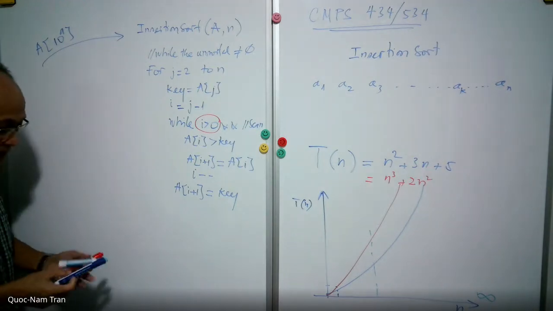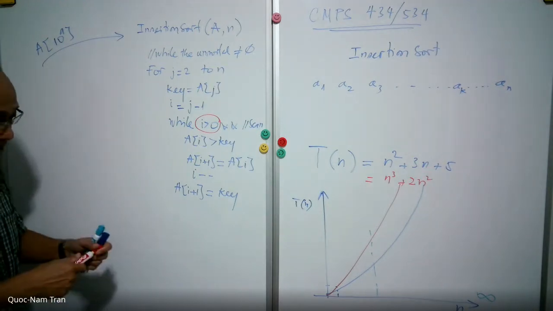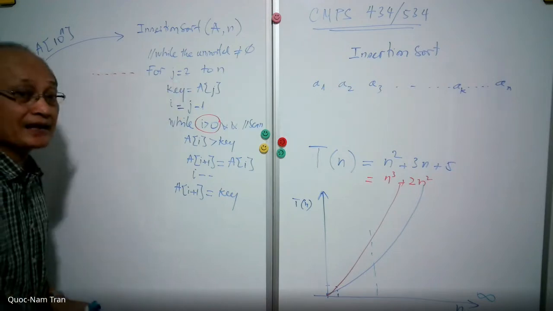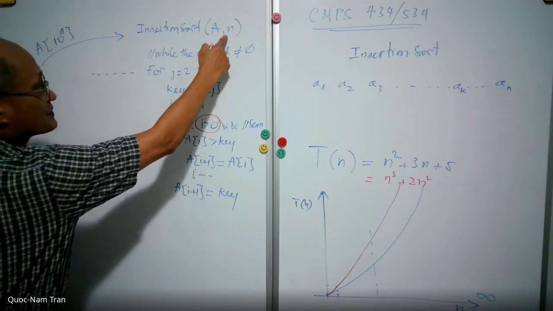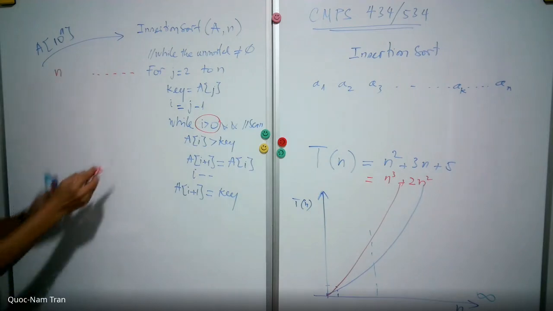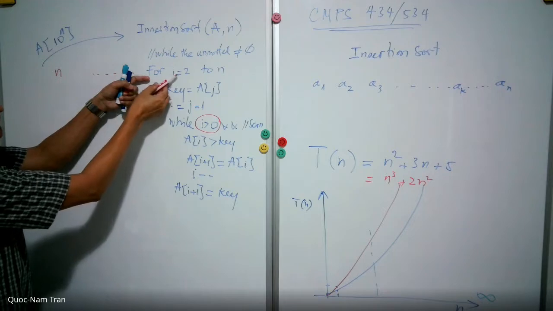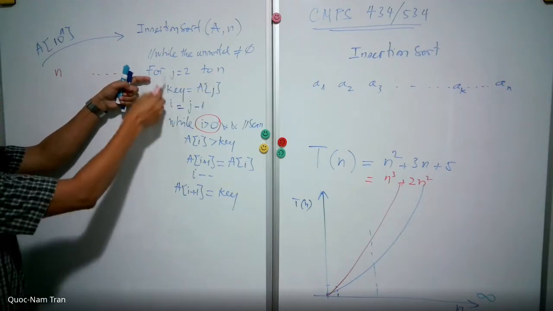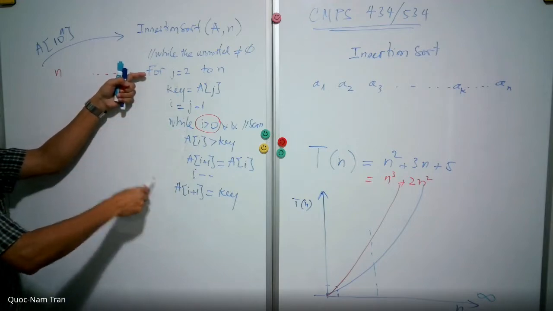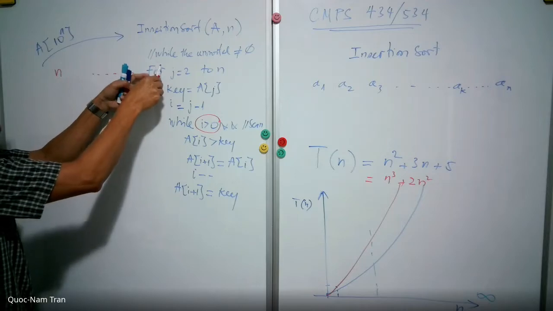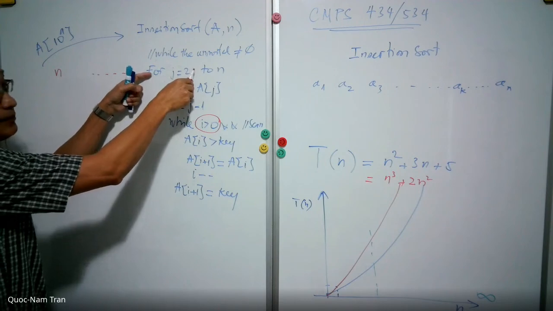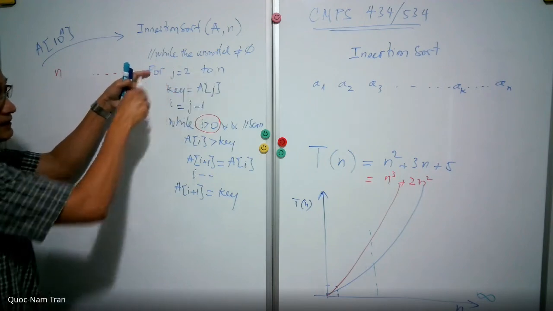Last time we already covered this for statement: for an input of size n, this for statement will take n steps, right? For j from 2 to n, the algorithm goes into the loop n minus 1 times, plus the last time when j is n and then increases by 1, and n plus 1 is bigger than n, so it finishes, right?